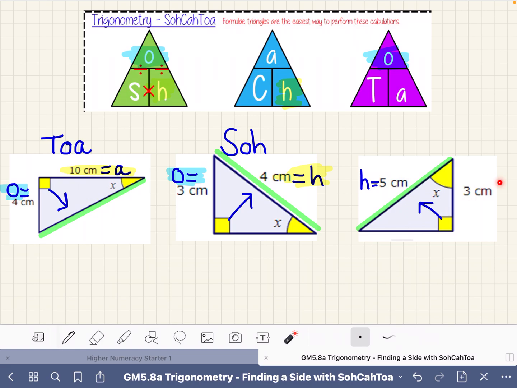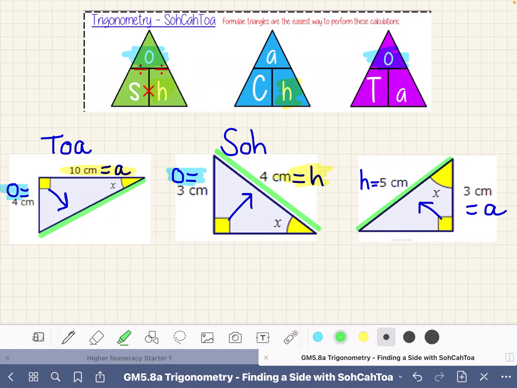The next side we are given is 3 centimetres. Now this is on the side with the angle and the right angle are next to each other, which means 3 is the adjacent side. The side at the bottom here, which is opposite the angle, does not have a measurement, it does not have a letter, so we leave it blank.